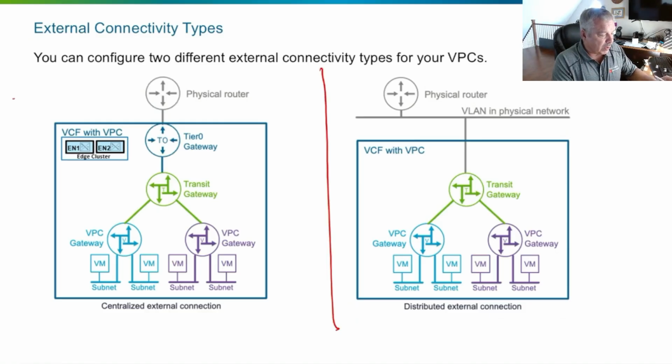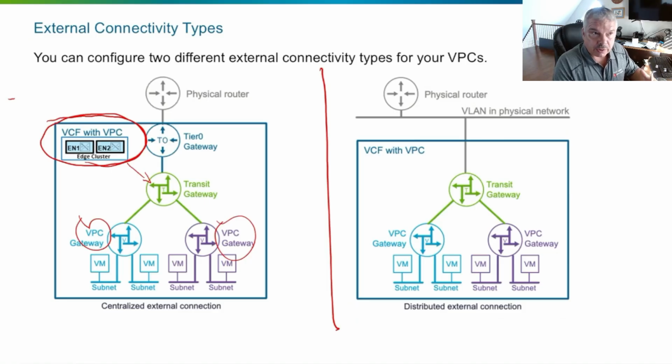You'll see right off the bat, we have some VPCs here. And here's my transit gateway. But you'll see right off the bat here, I have an edge cluster and a tier 0 gateway. So this one here, the centralized, requires that you have an edge cluster to provide us with our connectivity to the outside world, but also provide us with various services like network address translation and stuff like that, okay?